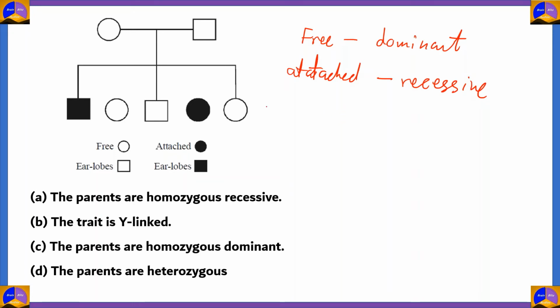Okay. So we have both the parents having free earlobes, and 3 of the kids have free earlobes, but 2 of them have attached earlobes. So they have heterozygous children. This is possible only when the parents are heterozygous.